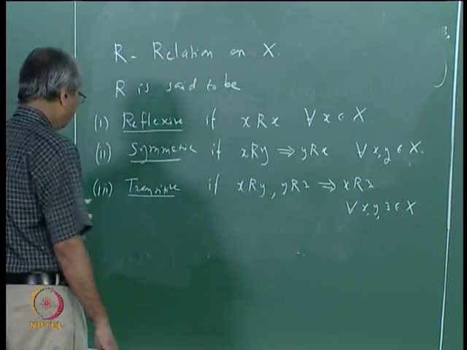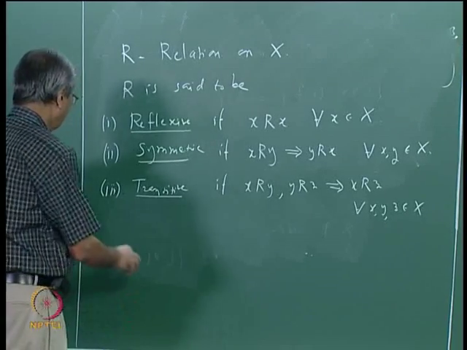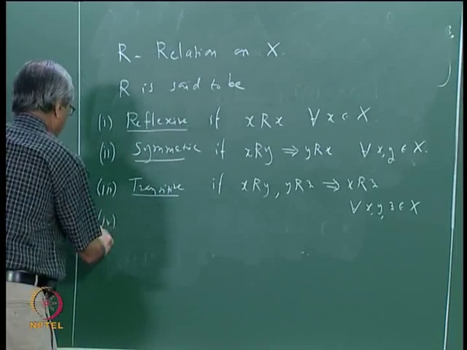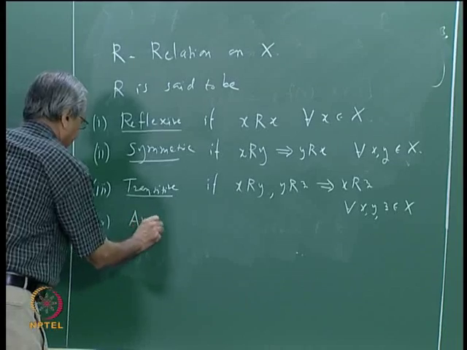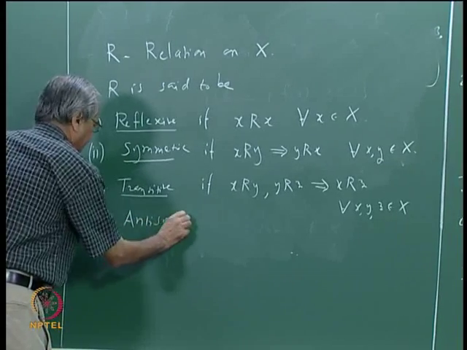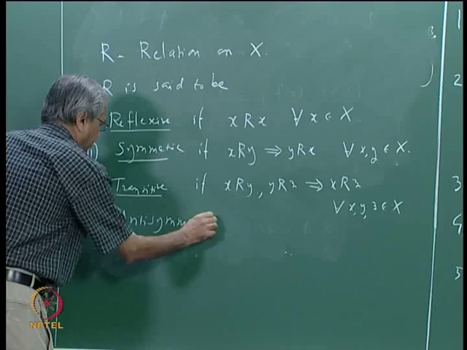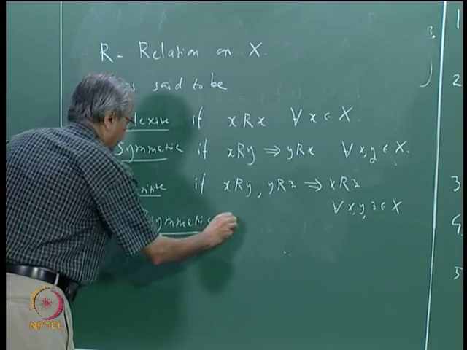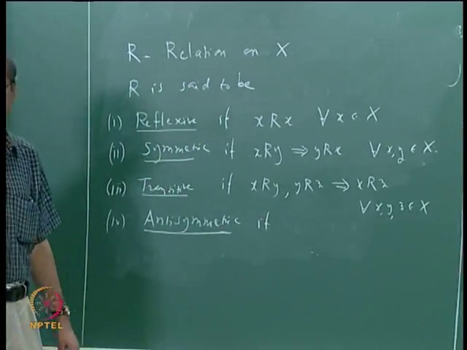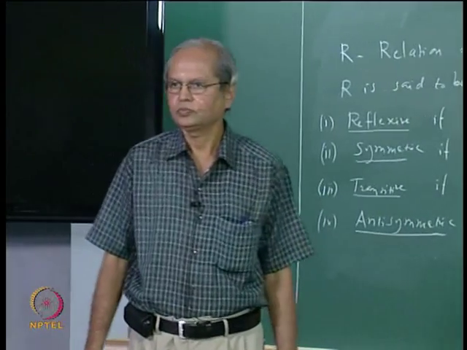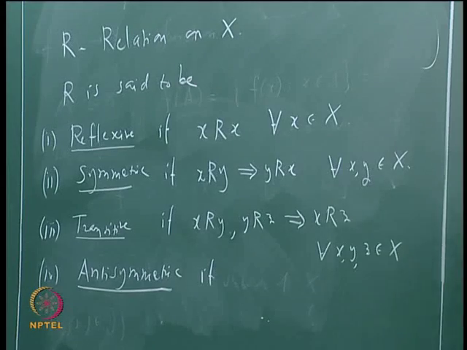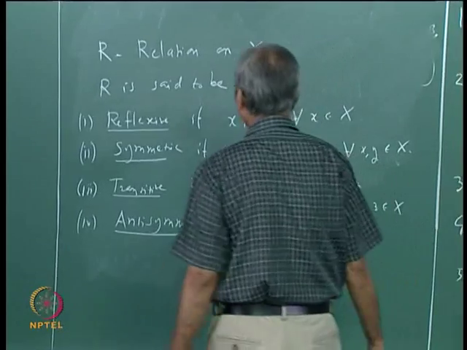Then one more thing, what is called antisymmetric. Antisymmetric is something that is exactly opposite to symmetric.